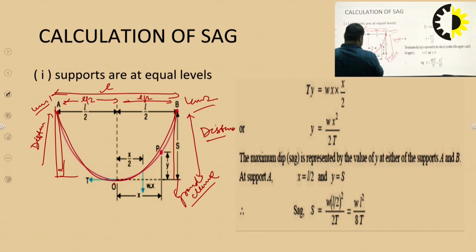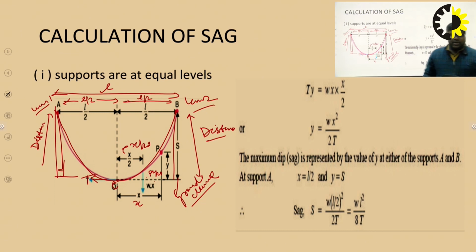This is point O, and this is A. The horizontal distance is x, and the midpoint from A is at distance x/2. Tension is just acting as T. So we can see that T equals W times x times x/2, and so y equals W x square by 2T.